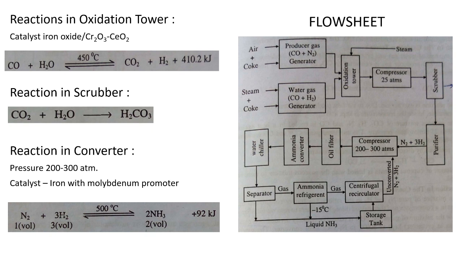So when the gases are cooled, the liquid, you can see here the separator, is sent to the ammonia refrigerator. After ammonia refrigeration, liquid ammonia is formed, while nitrogen and hydrogen gases are not liquefied.